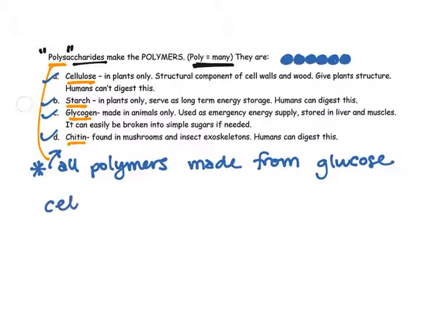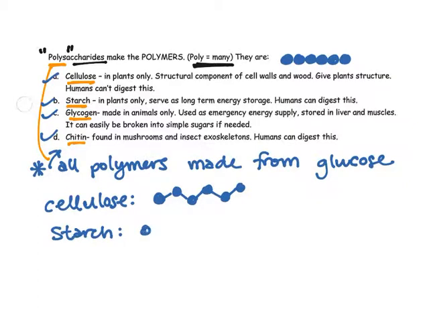So for example, cellulose has the glucose molecules bonded in a way where they kind of alternate like this. Starch is also made of glucose, but the way in which they're bonded together is different as well.